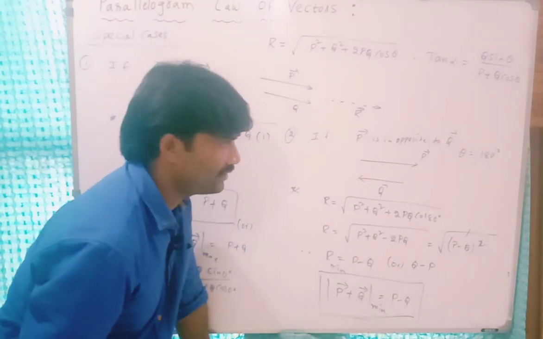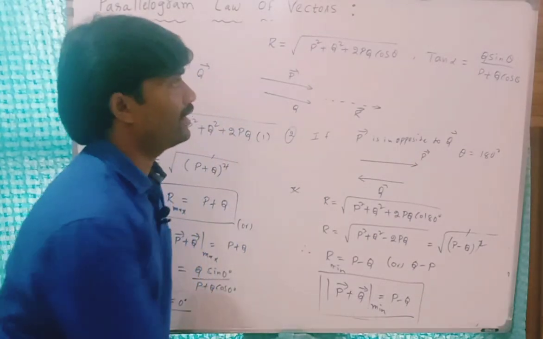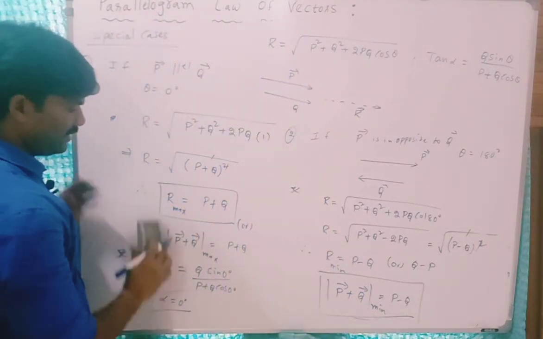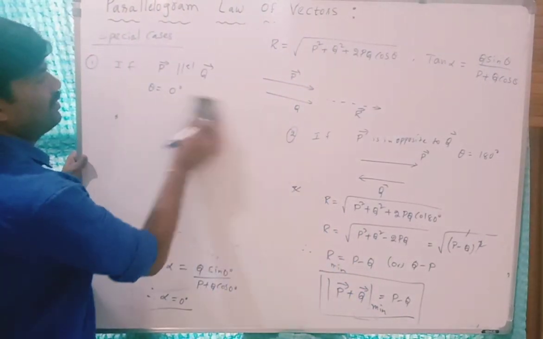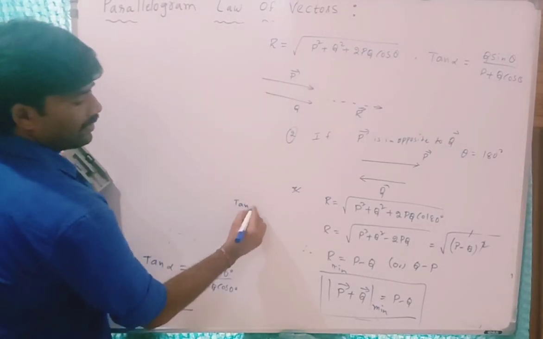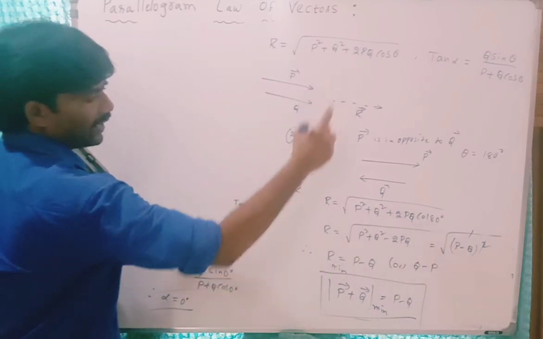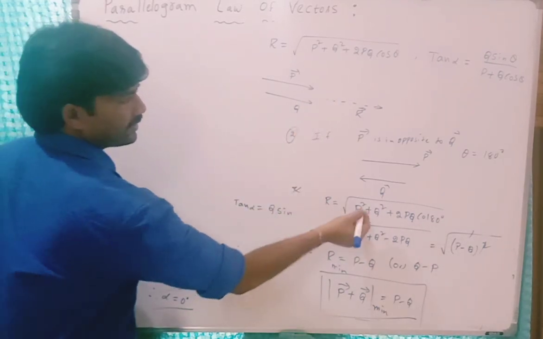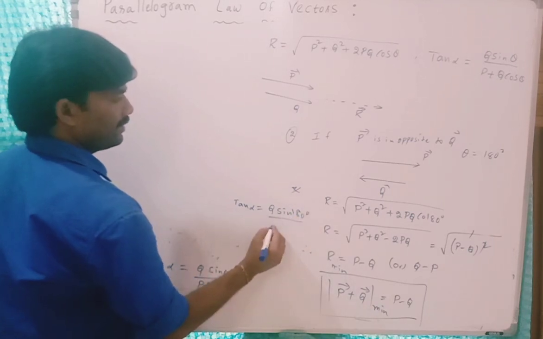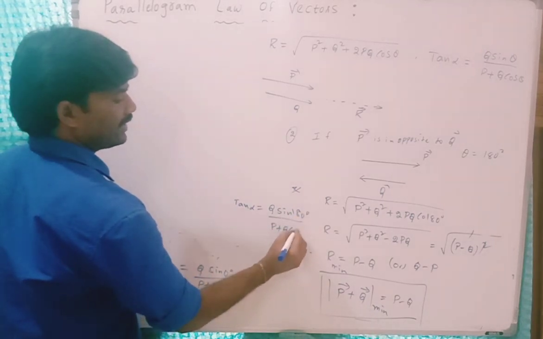And for direction, you can apply the same formula, tan alpha equals q sin theta by p plus q cos theta, in this case theta is 180, so q sin 180 by p plus q cos 180.